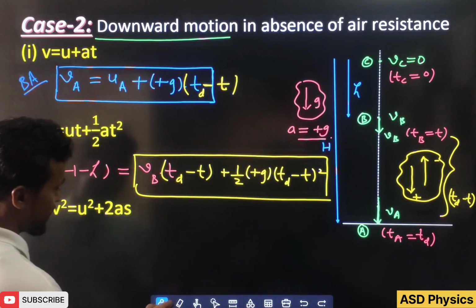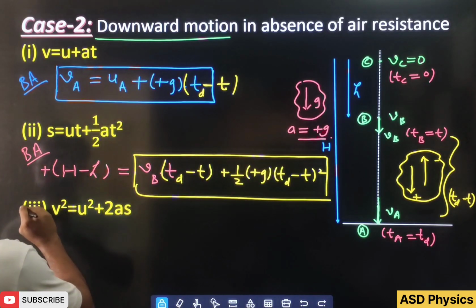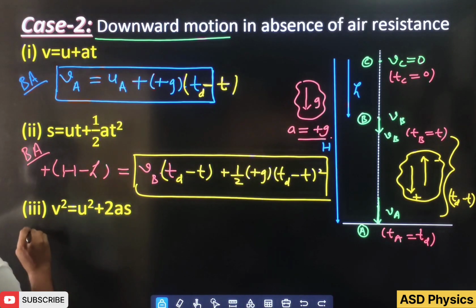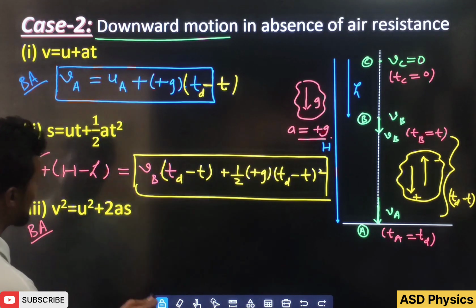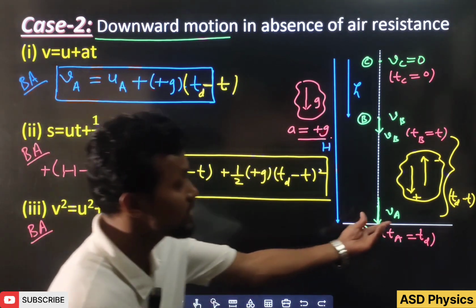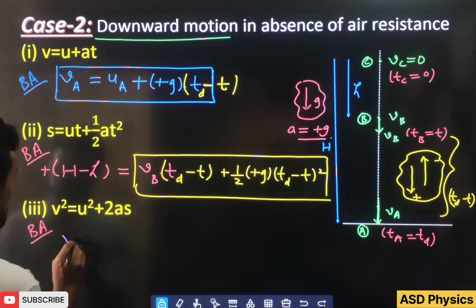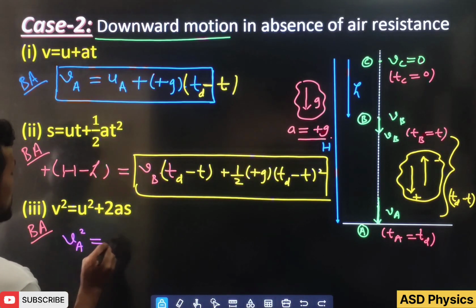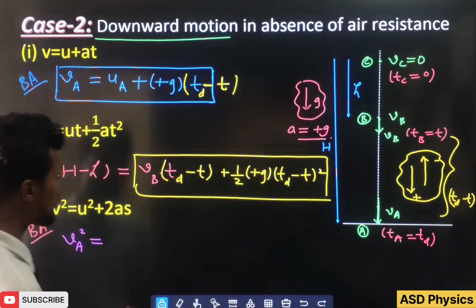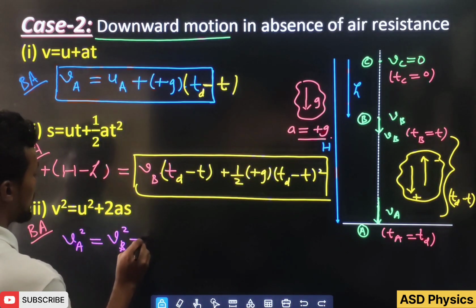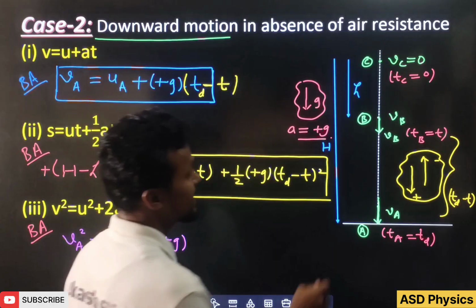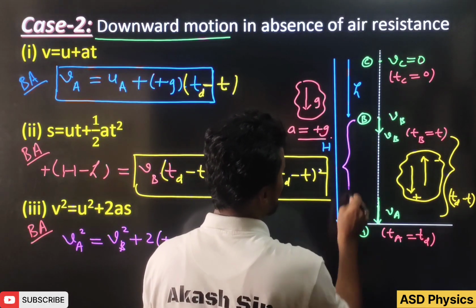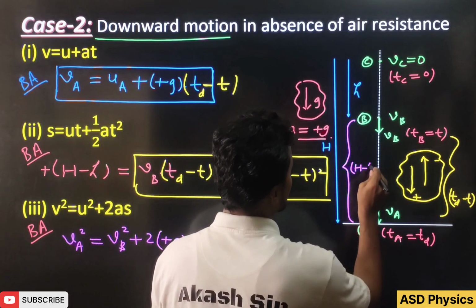Now students, if we talk about the third equation, the third equation again I am going to use from B to A. So B to A means v_A square equals v_B square plus 2 times acceleration plus g, and displacement, again I am telling, this one, we can write as H minus h.